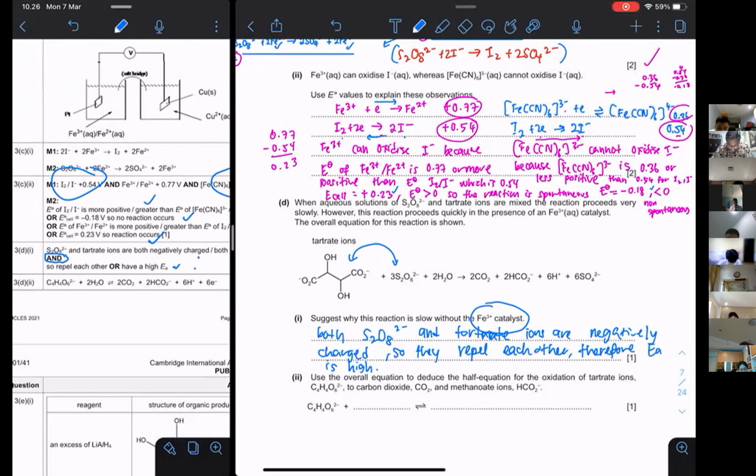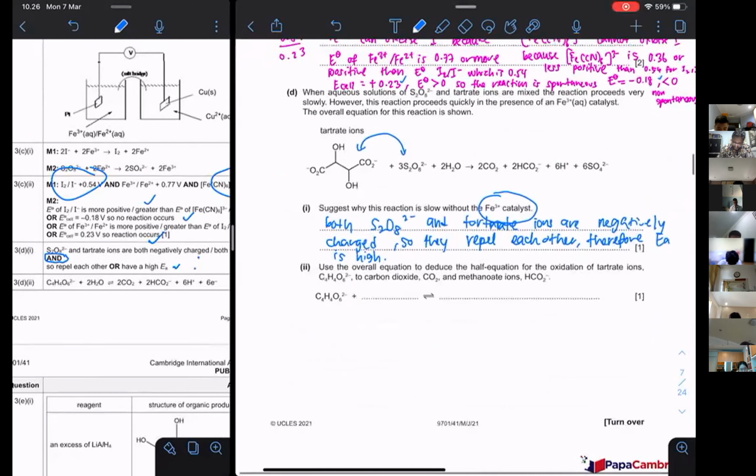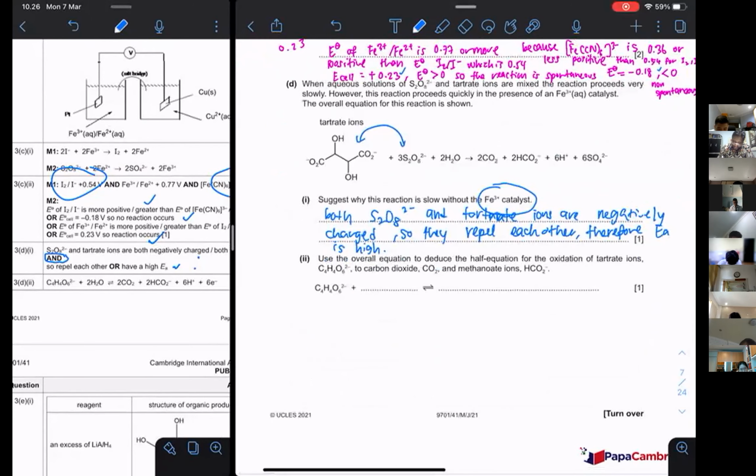Now, use the overall equation to deduce the half equation for the oxidation of tartrate ions to carbon dioxide and methanoate ion. So I need to deduce the half equation. They say it will give you CO2 plus HCO2-.